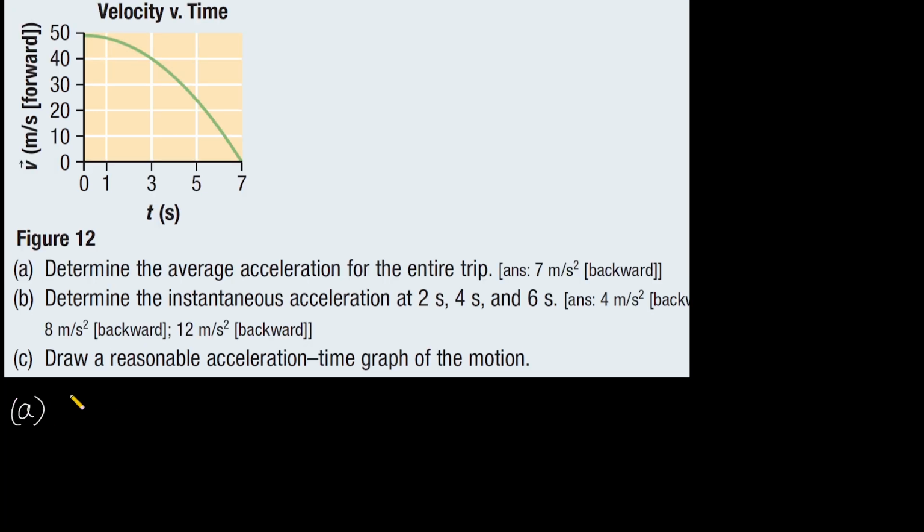A, the average acceleration equals the change of velocity divided by the time interval for the change, and this equals, so at the end the velocity is 0, so it's 0 meters per second, minus at the beginning the velocity is around 49 meters per second forward.